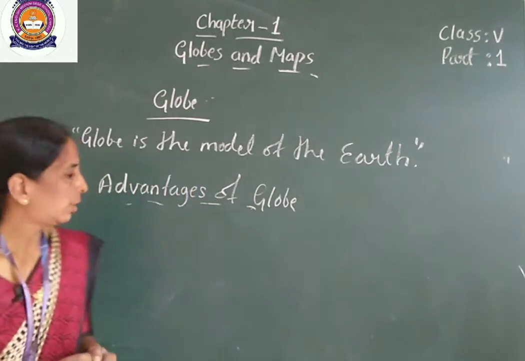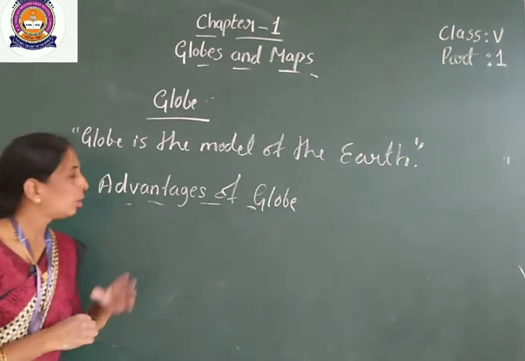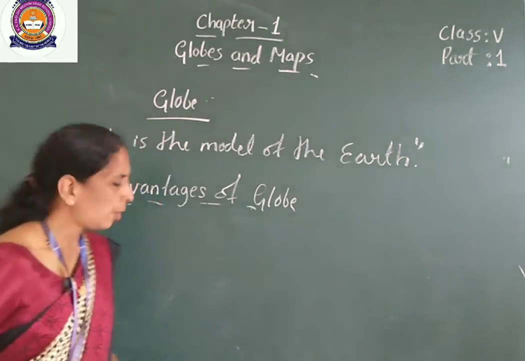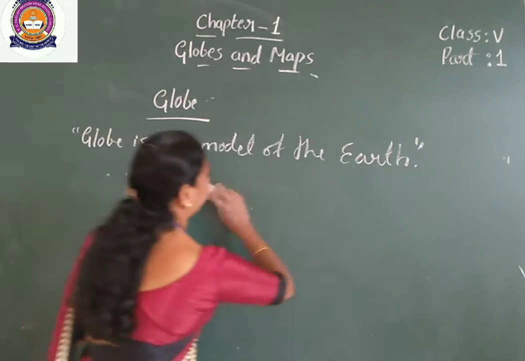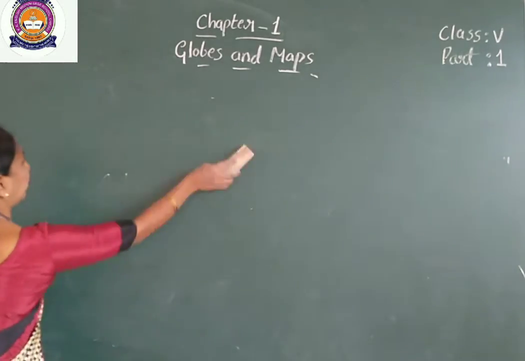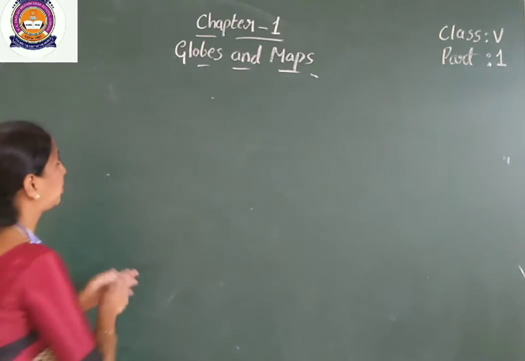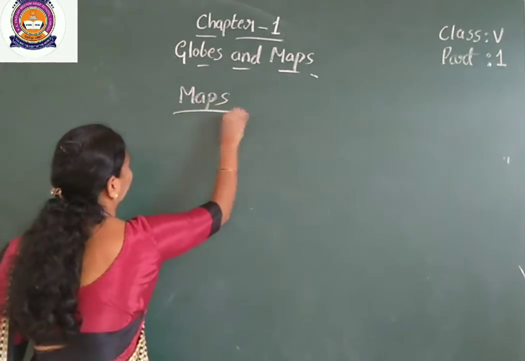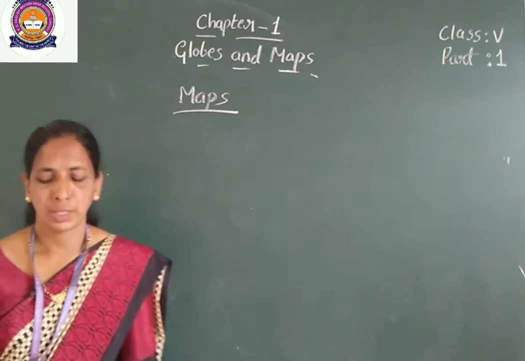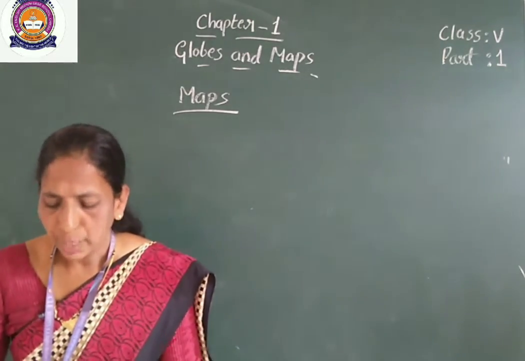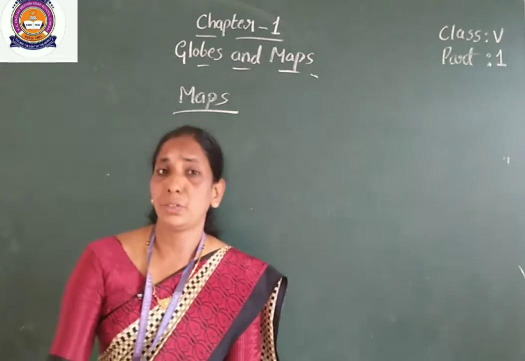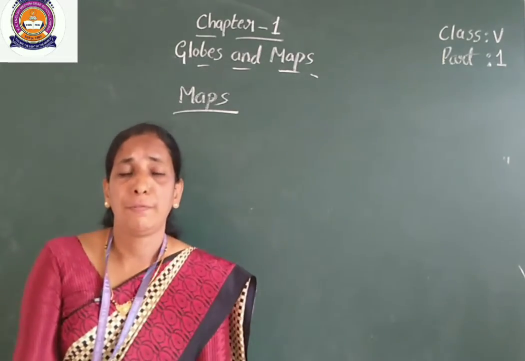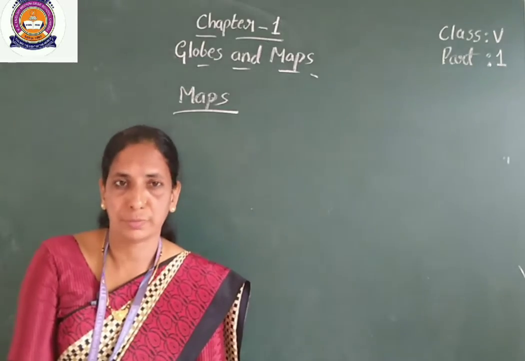Understood? See here, the globe is the model of the earth. Now let me explain about maps. A map is a representation of the flat surface of the earth.